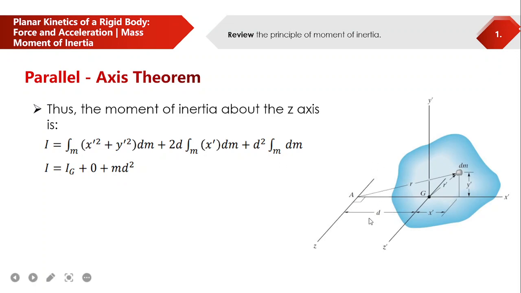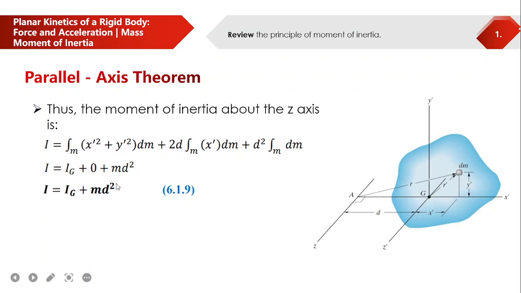Now, don't forget that d is the distance of the axis from the body center's axis. So this is how to solve for the moment of inertia about the z-axis. This is how your parallel axis theorem was derived, and that will be I equals I sub g plus md squared.